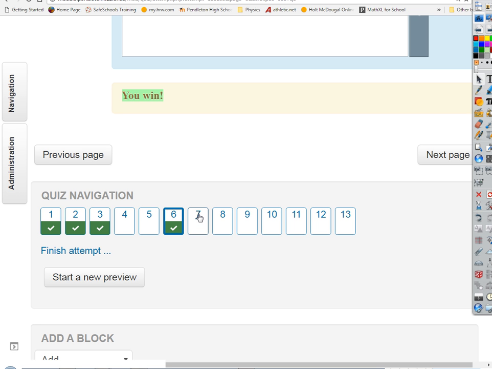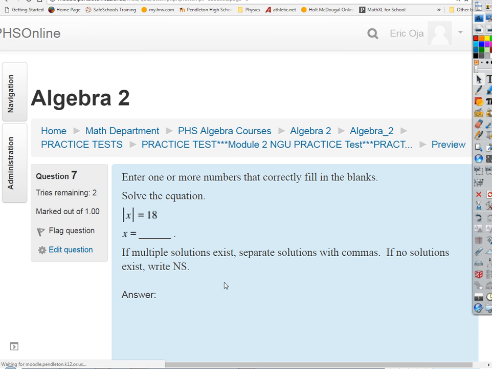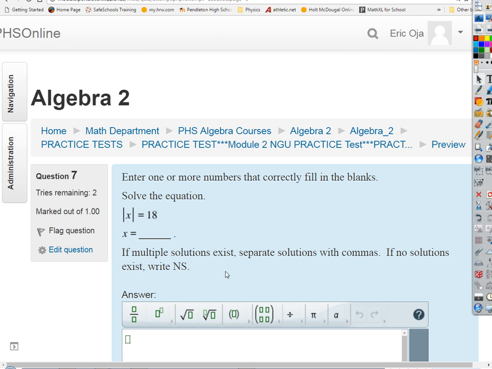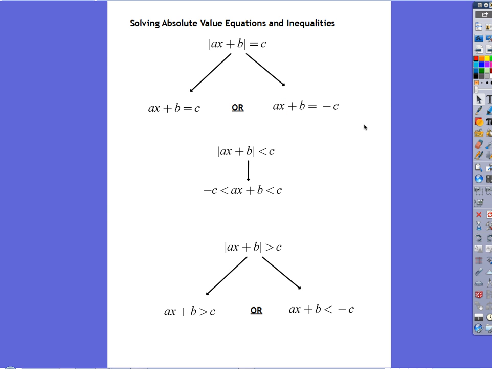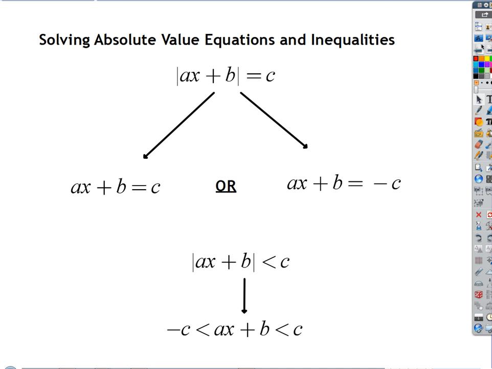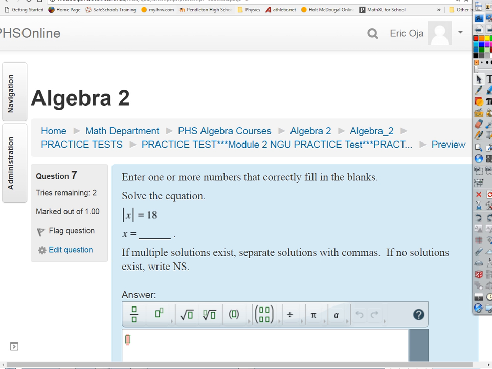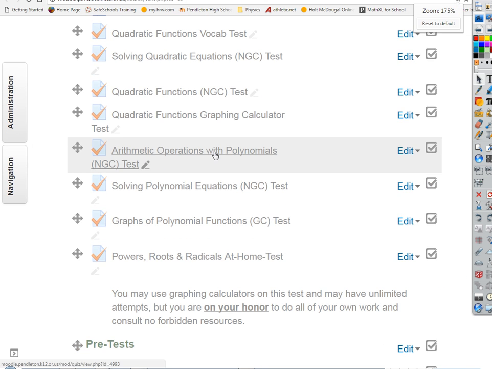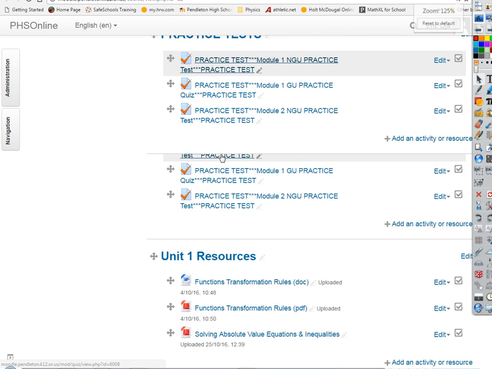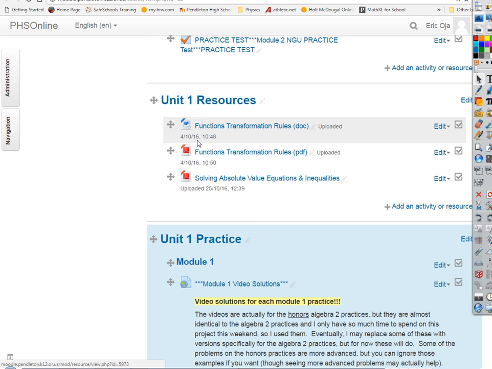Okay, what about these? We're going to solve some absolute value equations. By the way, this handout, if you guys want to see this stuff, if you go to the Algebra 2 page and you just go down to Unit 1 Resources, which is right above Unit 1 Practice.